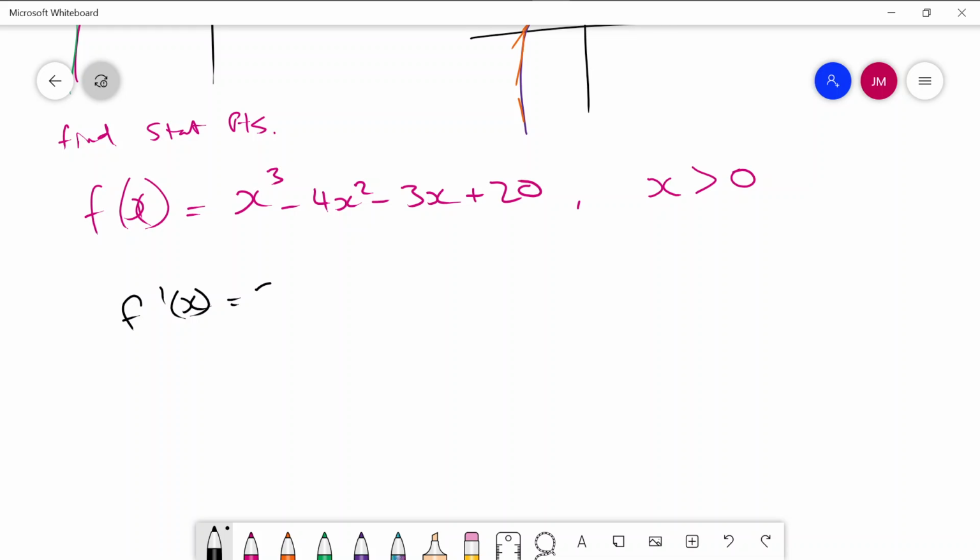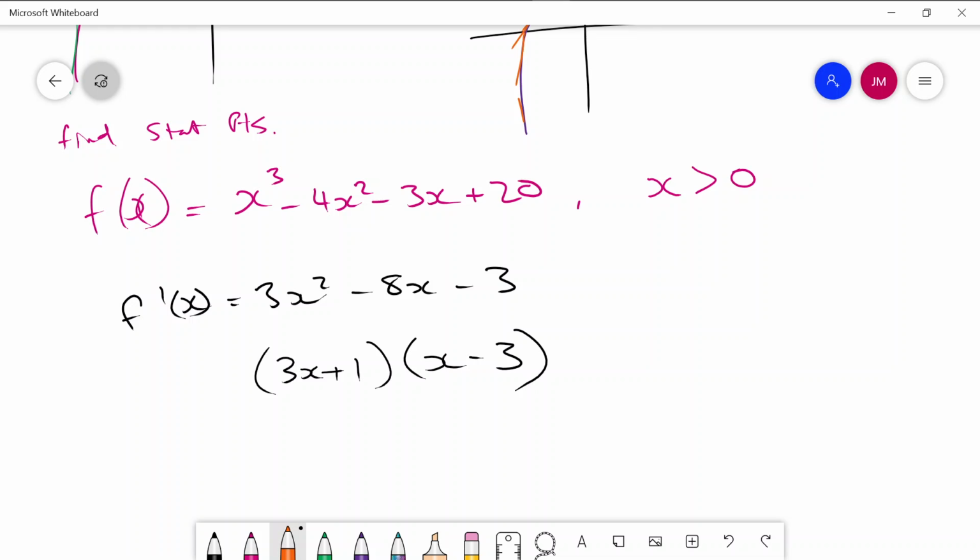So we differentiate to get 3x squared minus 8x minus 3, and the 20 would drop off. Now we've got a quadratic that we need to factorize. So we can look for factors of negative 9 that add up to negative 8. That should give us (3x plus 1) times (x minus 3).